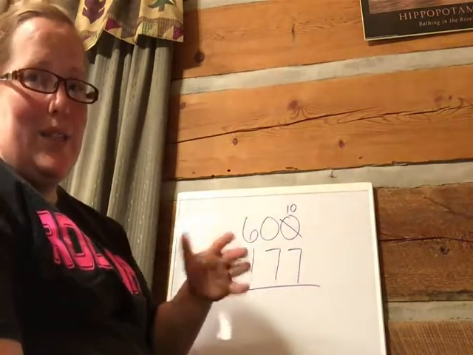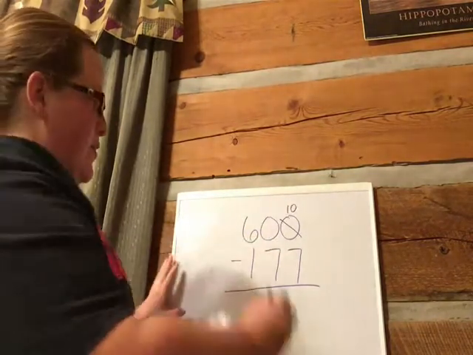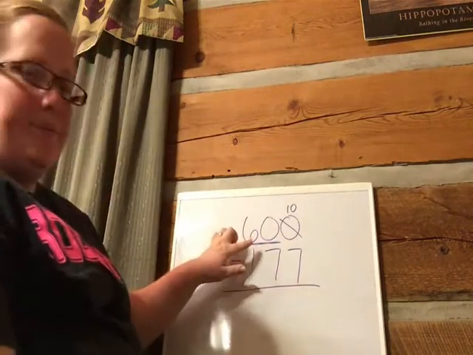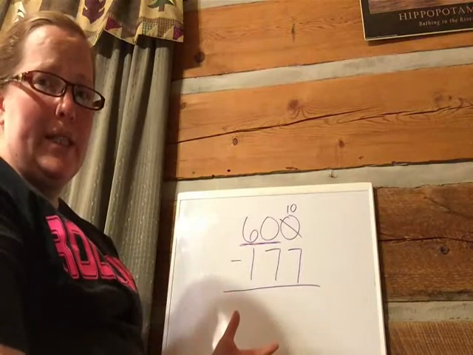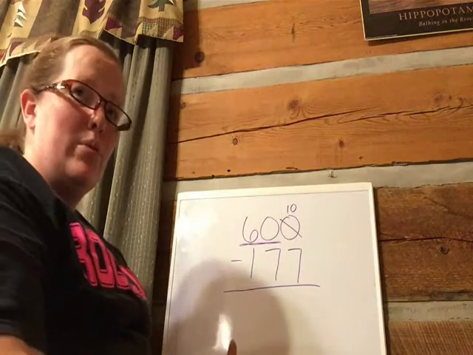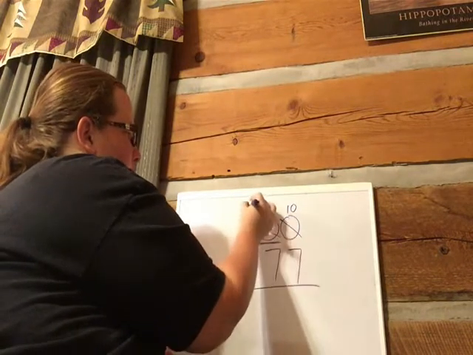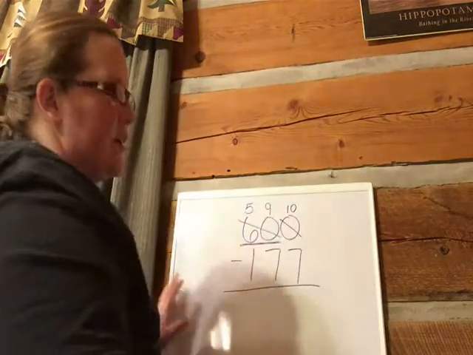The way I like to do these, the easiest way I think, is then to look at 60. If you look at these two together, you've got the number 60. So 60, if you take away 1 from 60, count backwards 1, you should get 59. So I'm going to cross that out and write 59 up here.